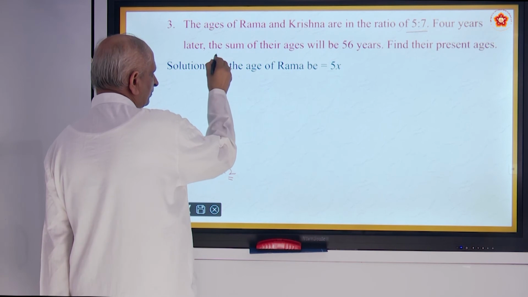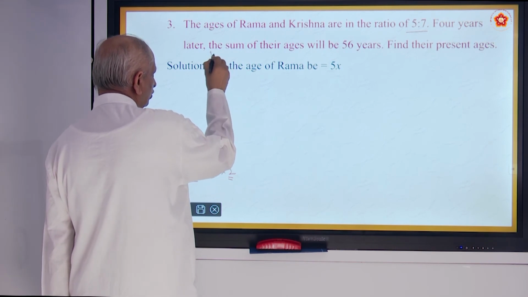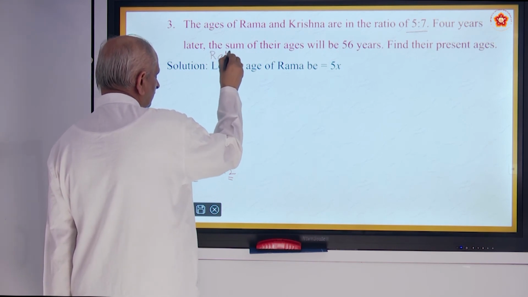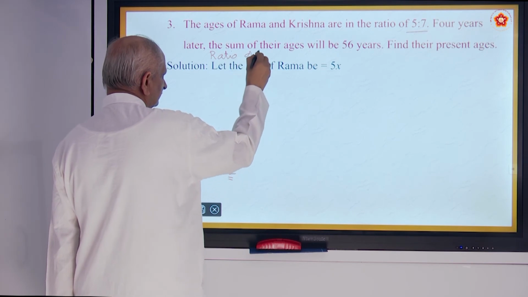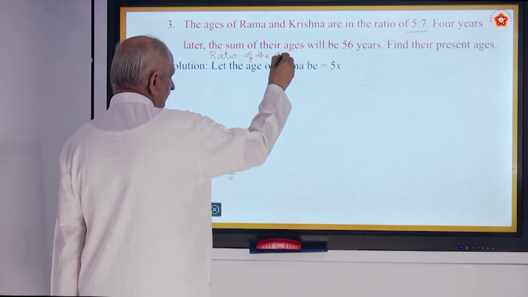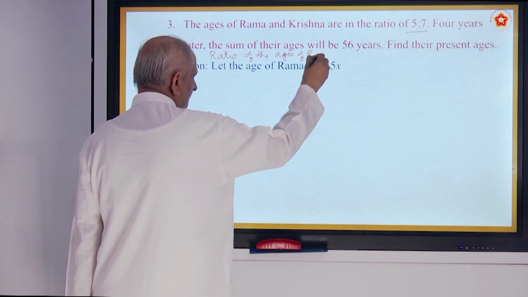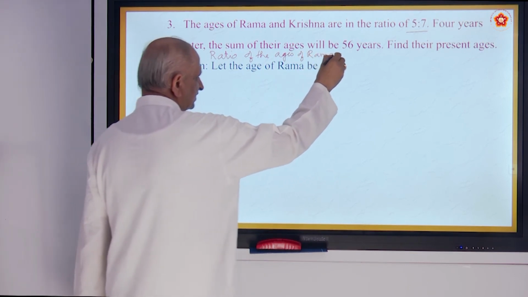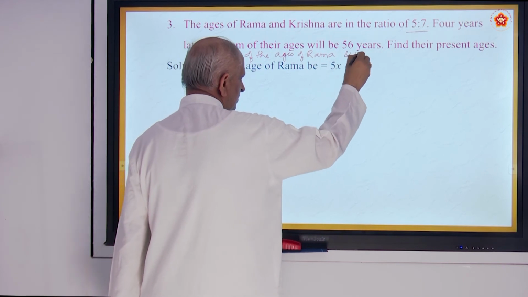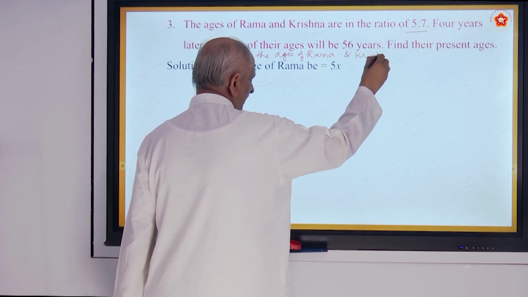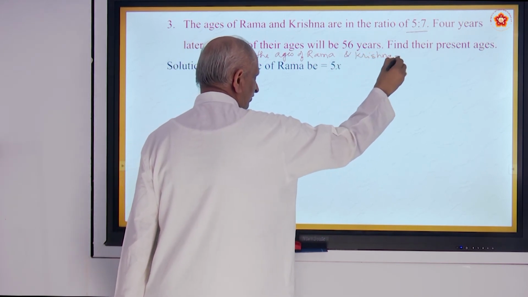If you want, you can write one more step here: the ratio of the ages of Rama and Krishna. Why not Bhima, sir? You can take Bhima also.